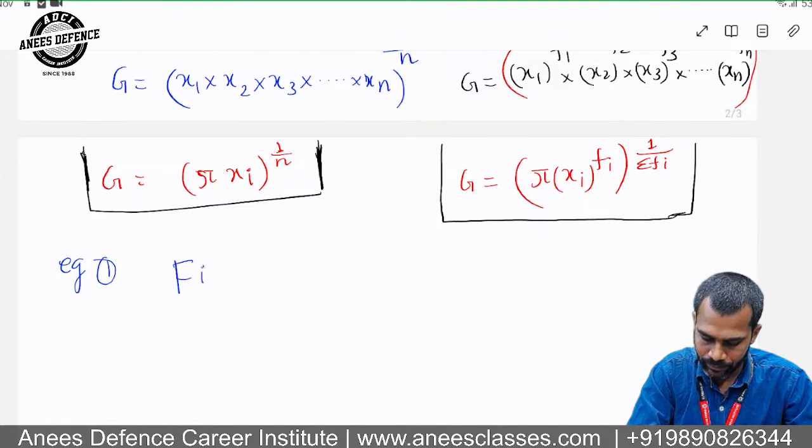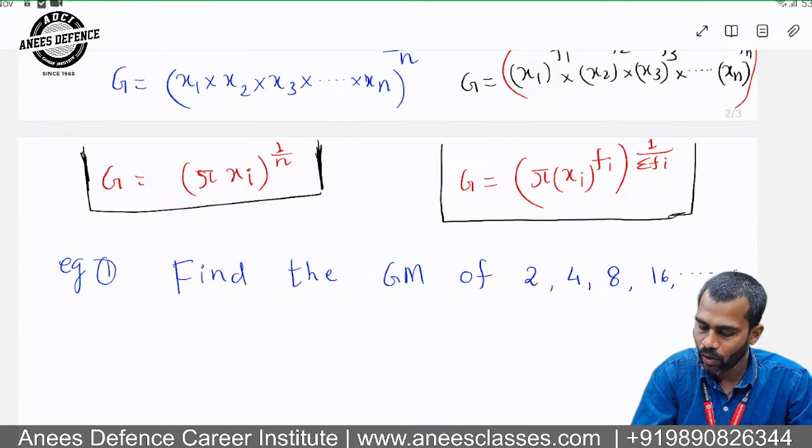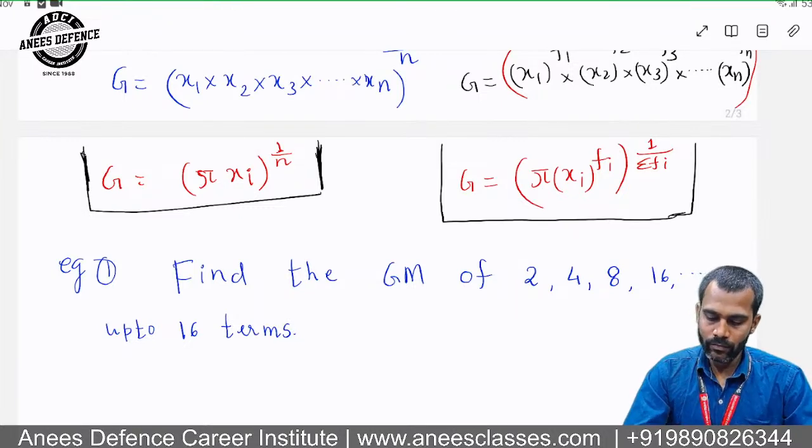Find the GM of 2, 4, 8, 16, and so on, up to 16 terms. Please find.